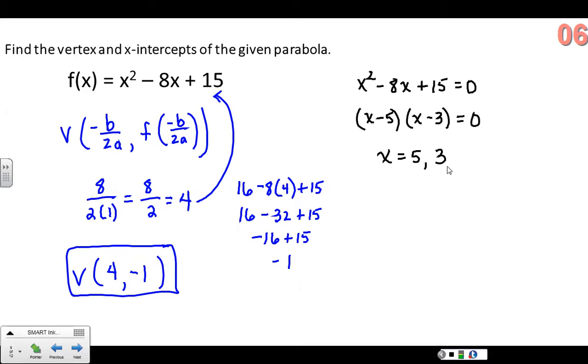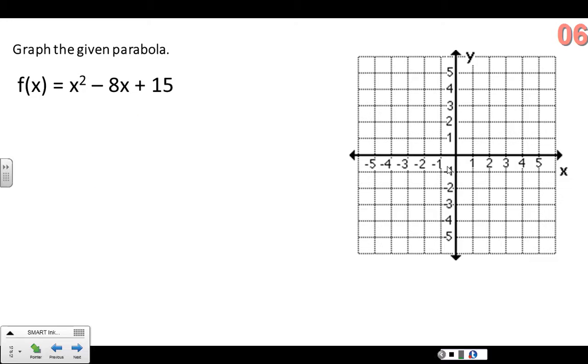So let's use this information to help us graph this parabola. We found that our vertex on this problem was the point 4, negative 1, and that we had x-intercepts at 3 and at 5.